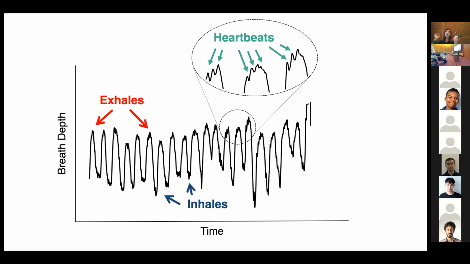And every single move, including the pulsing of your blood, leaves a signature on those electromagnetic waves. And what we are doing is to take those electromagnetic waves and do the inverse transform using machine learning and signal processing to be able to say, okay, so this is your breathing, this is your heart.